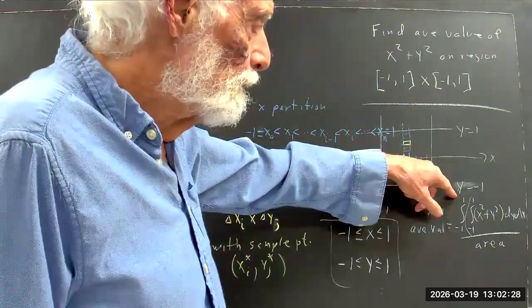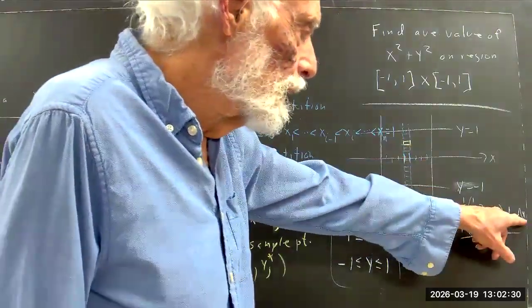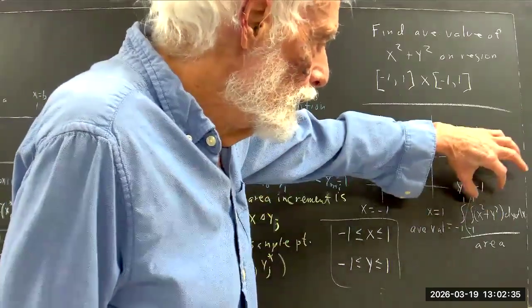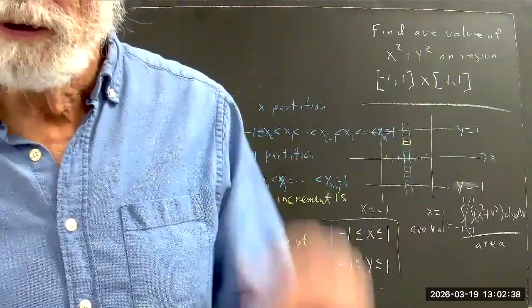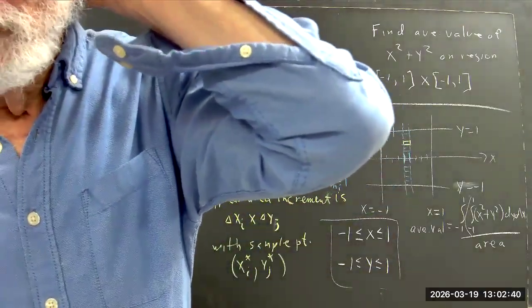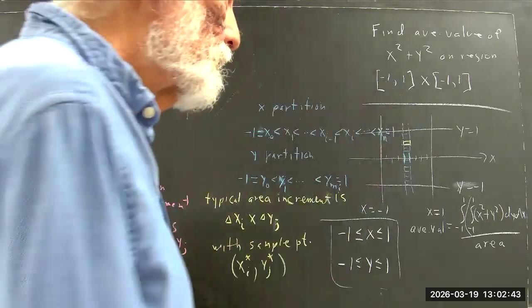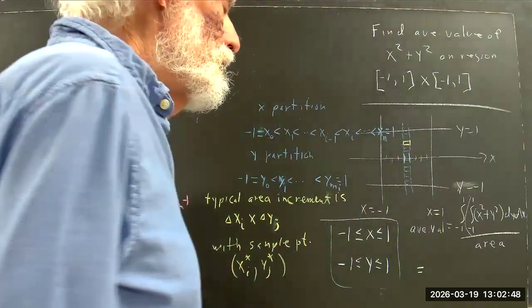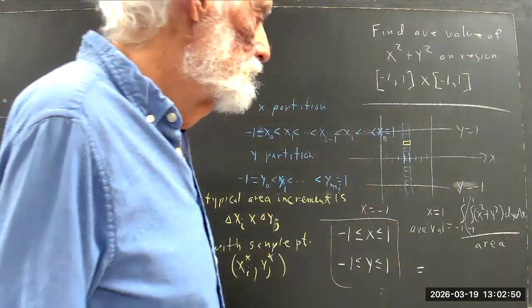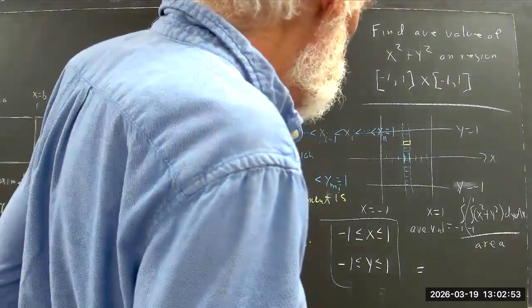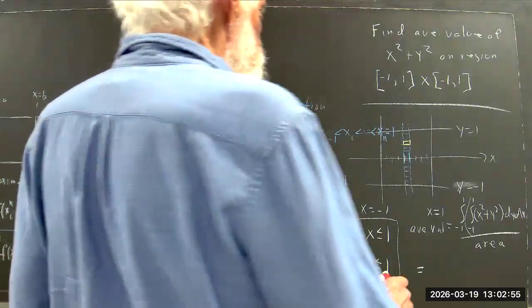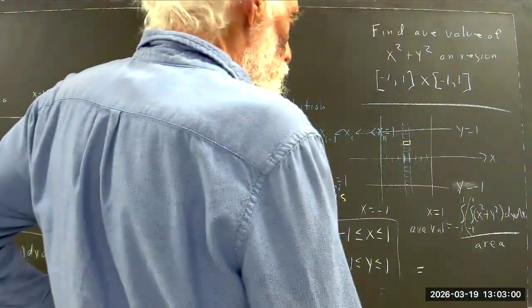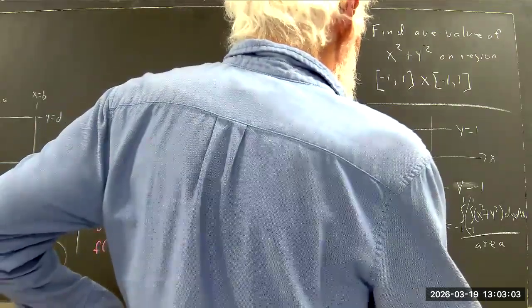It's from -1 to 1 with respect to x, then -1 to 1 with respect to y inside of that. And your function is x squared plus y squared, and it's really easy to integrate. Okay. And that equals... I don't really have room to work that out, I don't think, but let's start.